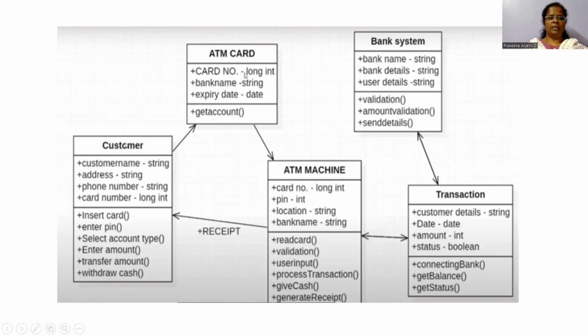Then the customer is a class, so it has several objects like customer name, address, phone number, card number, and other details, along with the various functionalities related to the customer. In the same manner, a particular system has different classes, with objects and functions related to each particular class.